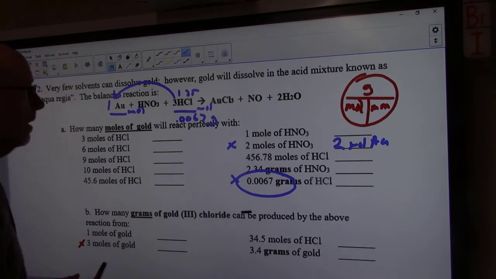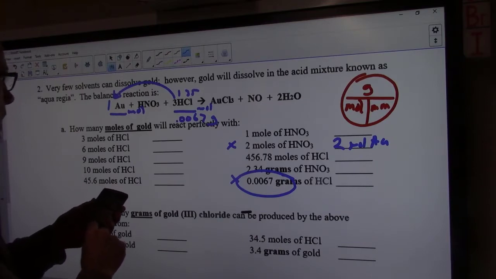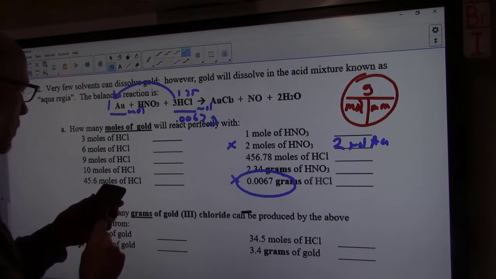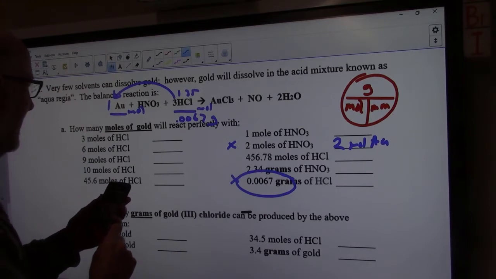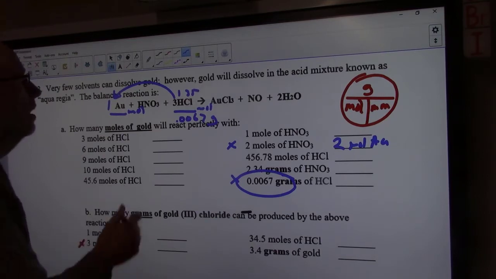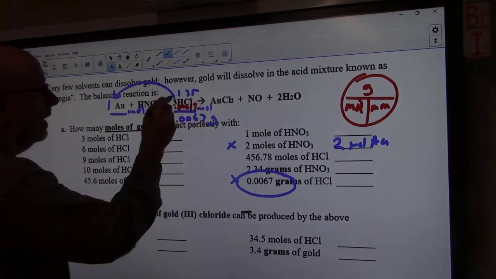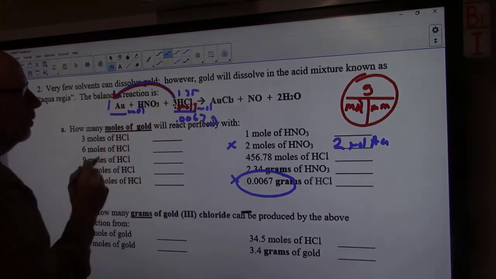And so my math is 0.0067 divided by 36 equals 0.00019. I'm using 2 sig figs here. 0.00019 moles. It's a 3 to 1 mole to mole ratio.